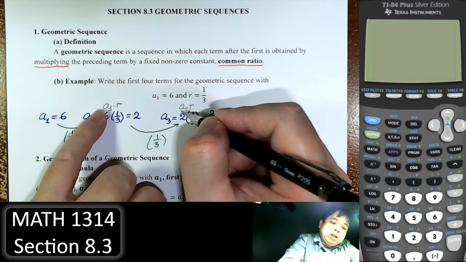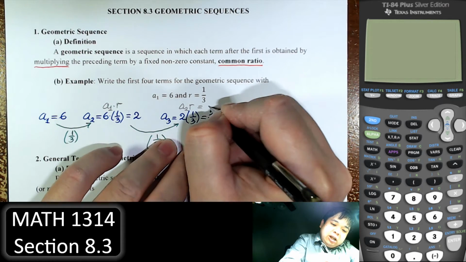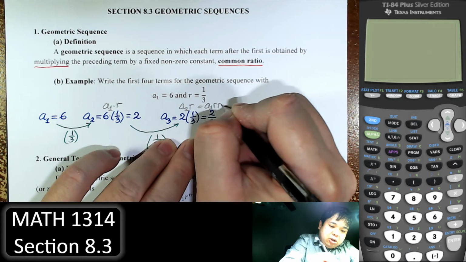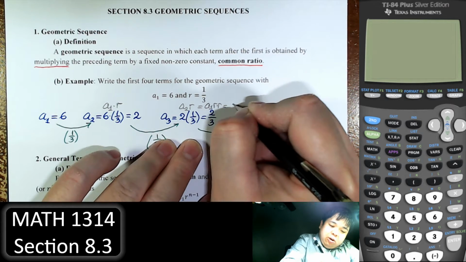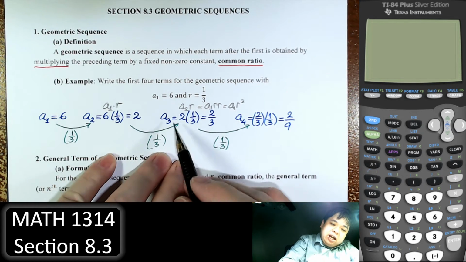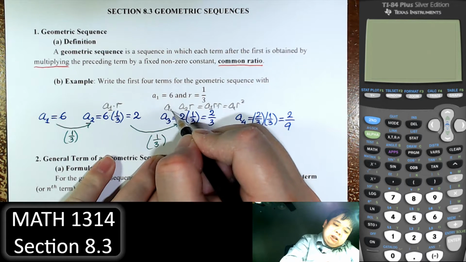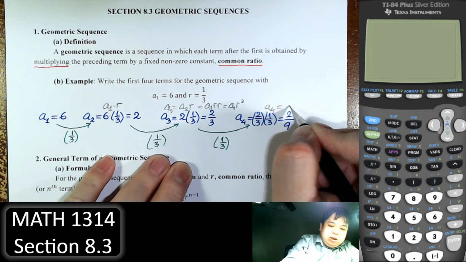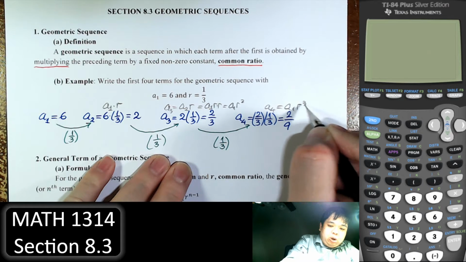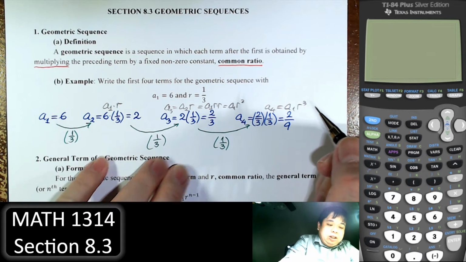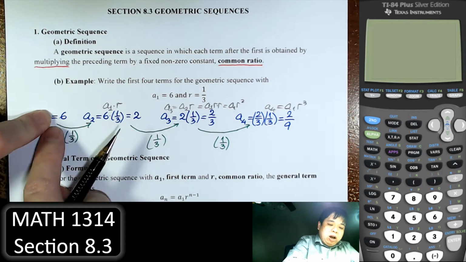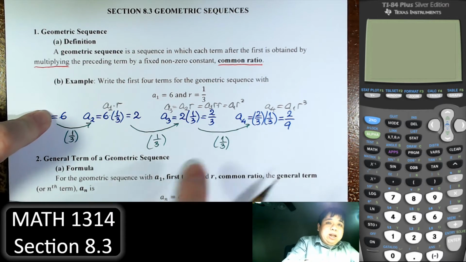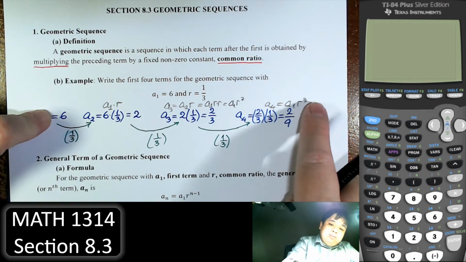Now A2 is A1 times r, so we can say A1 times r squared. That is A3. Similarly, here we can say A4 is equal to A1 times r cubed. So, if we see, we start from the first term, multiply by a factor of 1/3 three times, which gets us to the fourth.